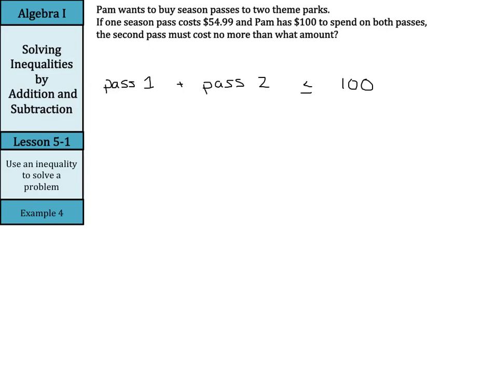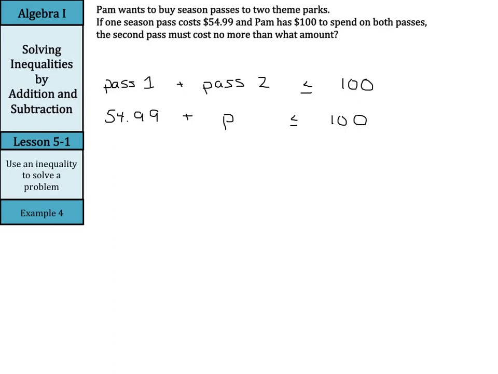Well, if one pass is $54.99, plus pass 2, which we'll just call P, has to be less than or equal to $100. Well, there's our inequality. $54.99 plus whatever the second pass cost has to be less than or equal to $100.